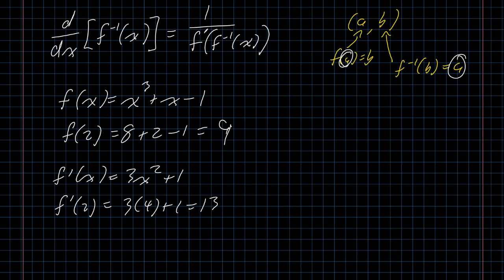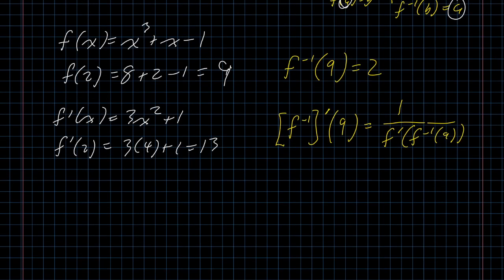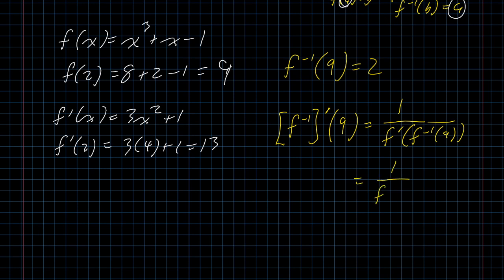With just that information, well, just flipping it around, f inverse of 9 is 2. That's the definition of f of 2 equals 9. And then f inverse prime at 9 is going to be 1 over f prime of f inverse of 9. F inverse of 9 is 2. And 1 over f prime of 2 is 1 over 13.